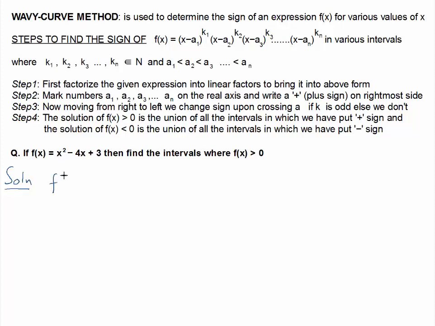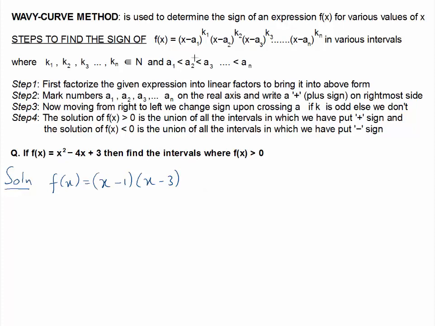The first step is, whichever expression we have, we try and factorize it into linear factors. This is a quadratic and we can factorize it by splitting the middle term. Upon factorization, this gives us (x minus 1) multiplied by (x minus 3). So this is the first step: we factorize it into linear factors.